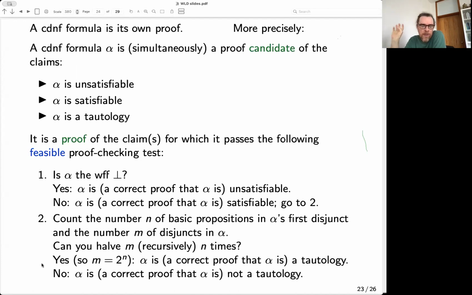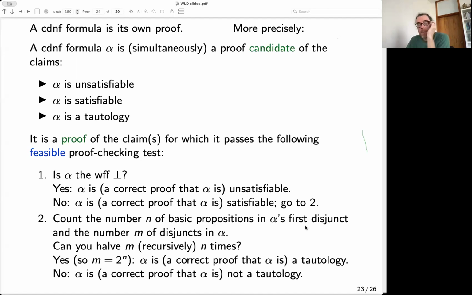And a tautology is something that's true on all of them. And each disjunct represents exactly one of them. So for it to be a tautology, there have to be 8 disjuncts. That's the idea here. A tautology is just true on every row, i.e. it has one disjunct corresponding to every row, or every assignment of truth values to the 3 basic propositions. There's 2 to the n of those. So if there aren't that many disjuncts, then it's not a tautology.